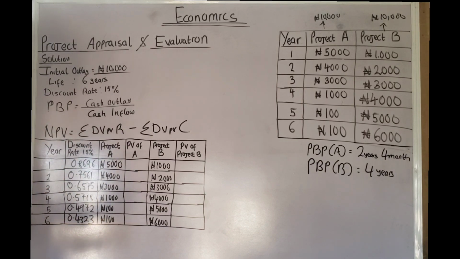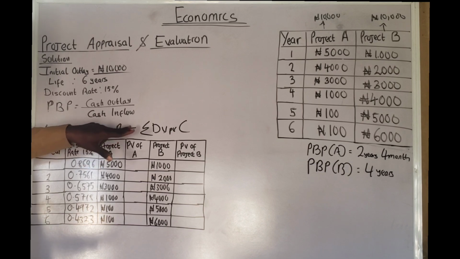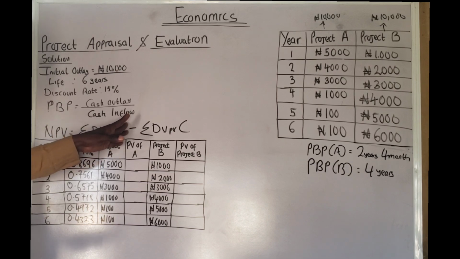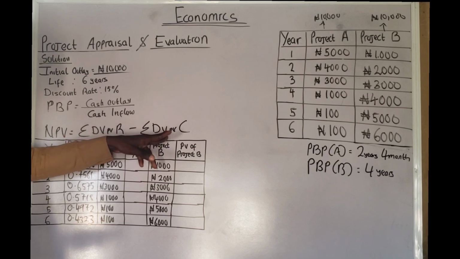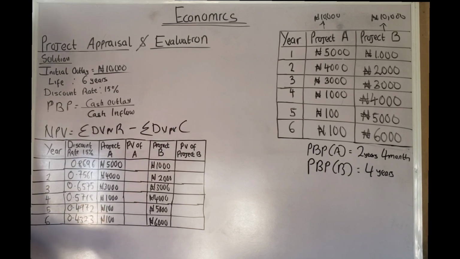That is why we call the net present value the summation of the product of the discount value and the present value of the project, which is our revenue, minus the summation of the product of the discount value and the present value of the cost. So that is it.